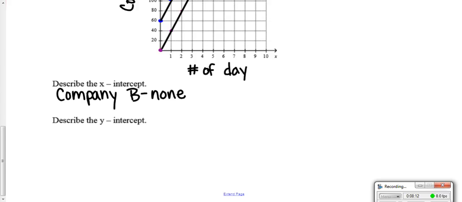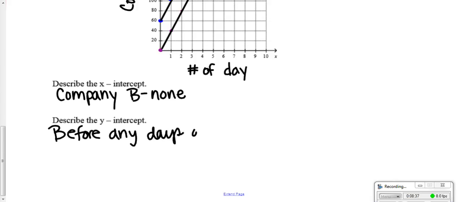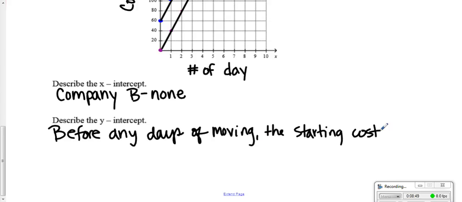So for the y-intercept, for both of them, it is before any days of moving, the starting cost of both moving truck companies. So this is nice. We can combine both, where we are going to say before any days of moving, again, the starting cost of both moving truck companies.